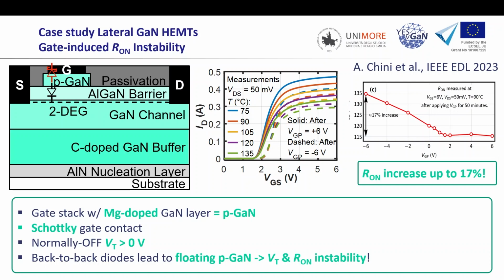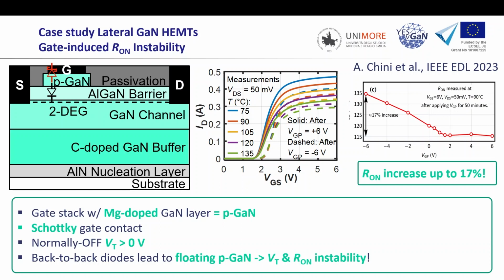But with this kind of device, you can also have a pretty huge effect on the RON as well. By just applying a positive or negative voltage on the gate, you can see that the RON changes by up to 17%. And this has to do with the fact that this layer is effectively floating.